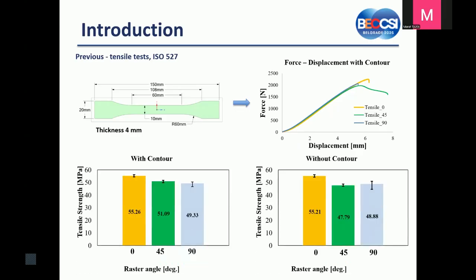The maximum tensile strength was obtained for the 0 degree orientation, around 55 megapascal. We can also observe there are no differences between contour and uncontour, because the contour is also aligned at zero degrees. The tensile strength decreases mostly for 90 degrees, because in this case the raster is perpendicular to the loading direction.